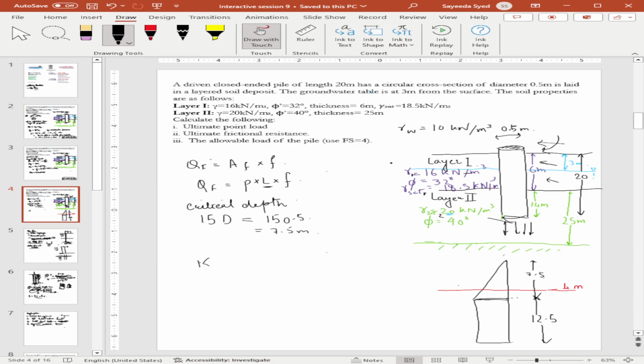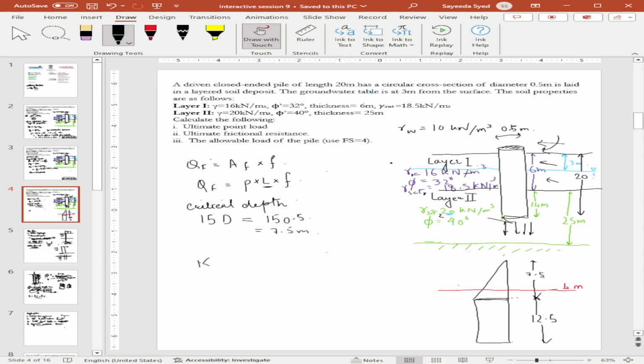If it is a low displacement driven pile: low displacement piles are the piles that are open-ended, which do not close at the end. Because if the pile is closed at the end and you are driving it into the ground with a hammer, it will displace a lot of soil. That would be a high displacement pile.